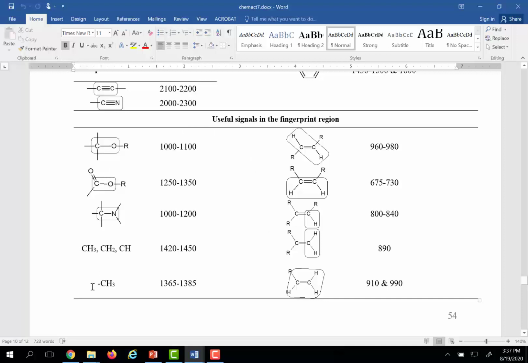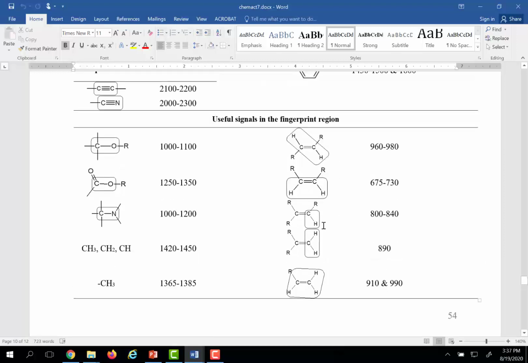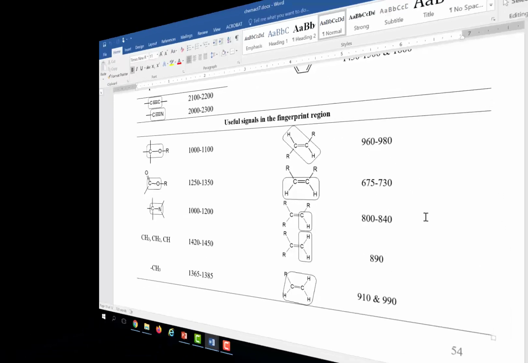It's helpful to look for this CH3 group, and then it's also helpful to look for these different patterns of carbon-hydrogen bonds where the carbon is part of an alkene. There are various patterns here about the alkene, and they show up in various spots in this fingerprint region.